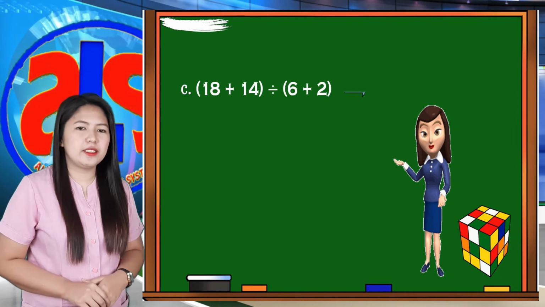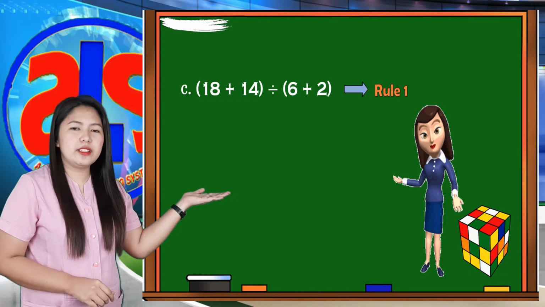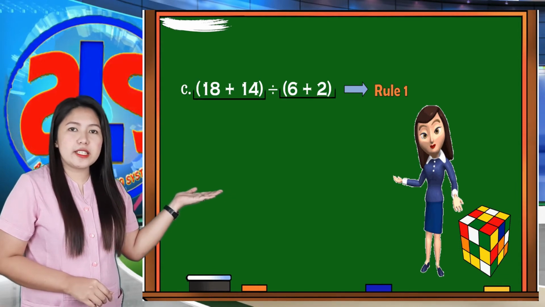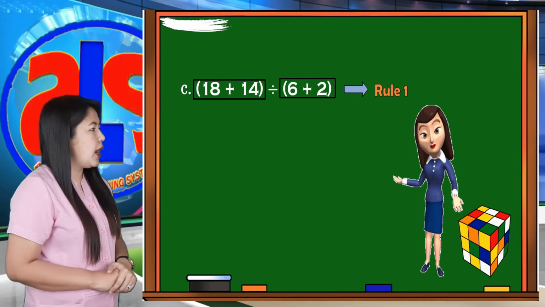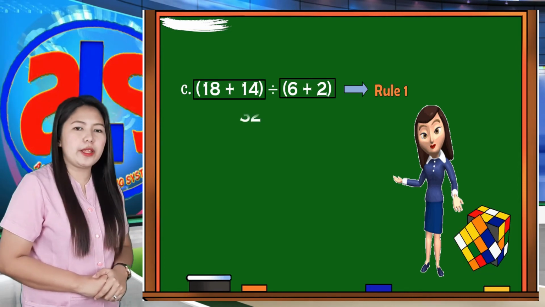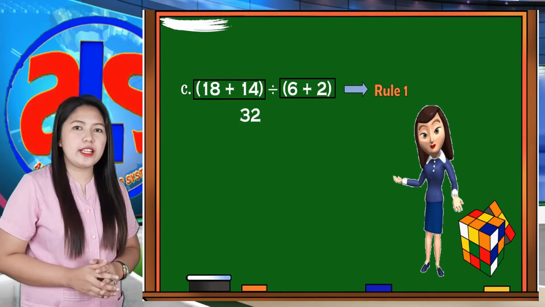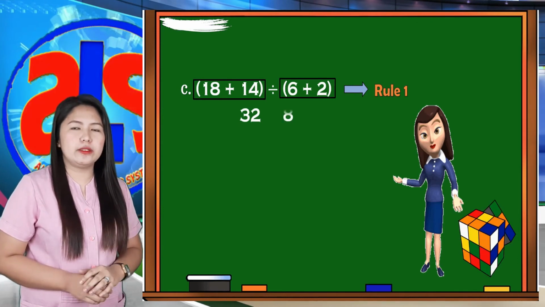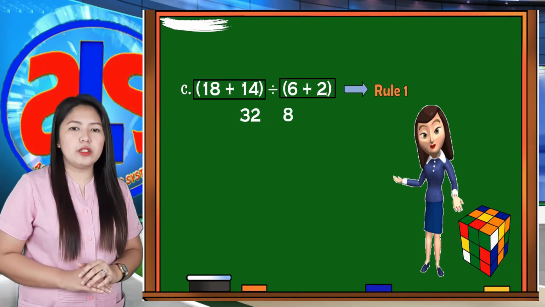Example letter C. The sum of 18 and 14 divided by the sum of 6 plus 2. So, as you can see sa ating example letter C, meron tayong dalawang parentheses, and that is rule number 1. So, maaari nyo silang pagsabayin i-solve.